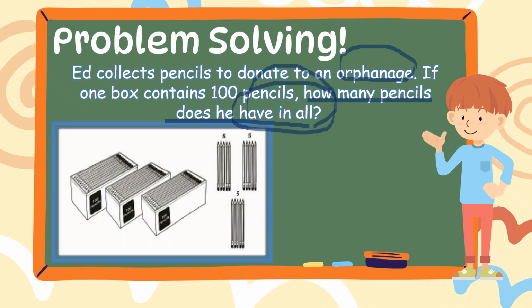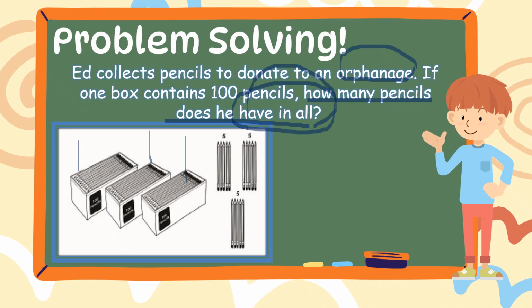Now look at this. If one box contains 100, okay, so this one is 100. We have another 100 and another 100. How many hundreds do we have?